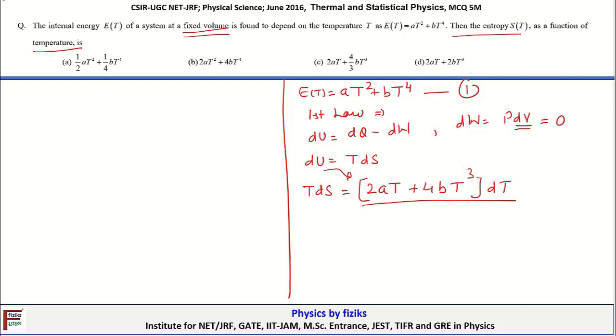From this equation we can determine the entropy change, dS, which is this expression divided by T. So we obtain dS equal to (2A plus 4BT square) dT.